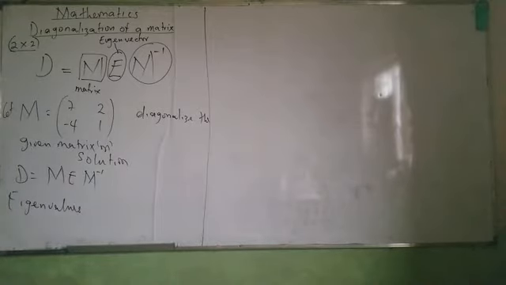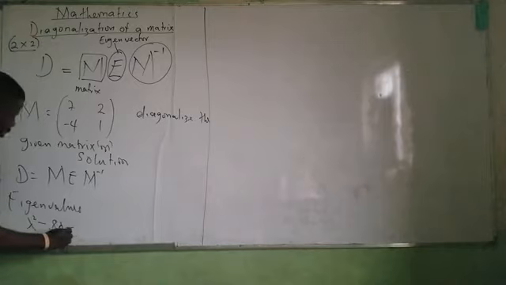By now you should know how to generate your characteristic equation. My characteristic equation will be lambda squared, minus the trace, which is this plus this, that gives 8 lambda.